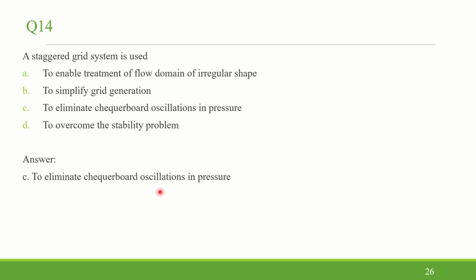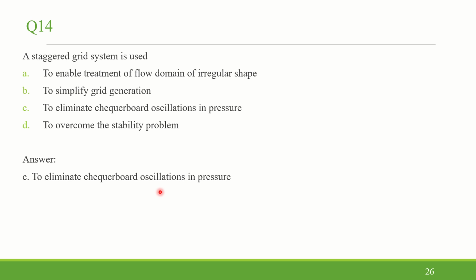In CFD and numerical methods, a staggered grid defines variables like pressure and velocity at different positions on the grid, typically with pressure at the cell centers and velocity components at cell faces, to avoid certain numerical issues and improve stability. It is a type of spatial discretization where the variables are defined at different locations.